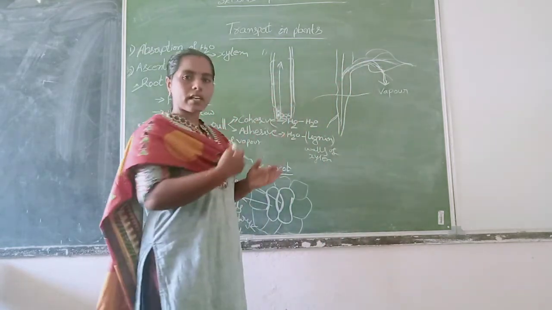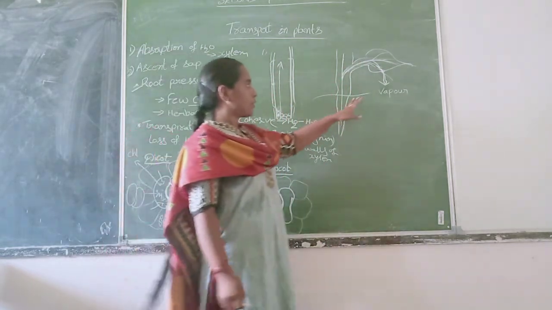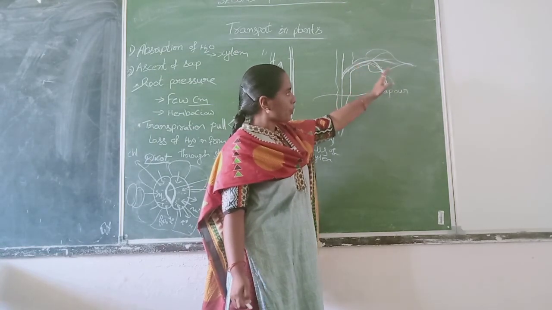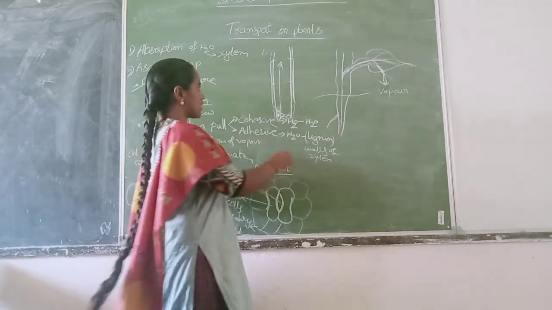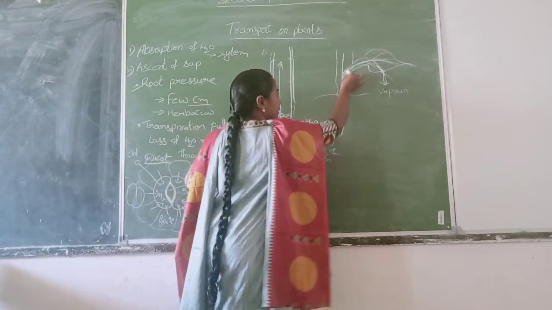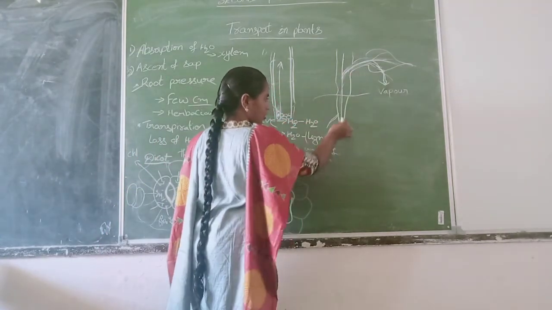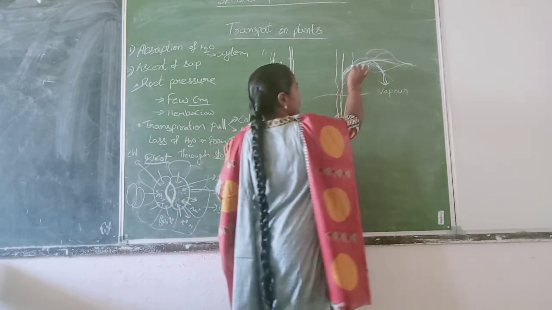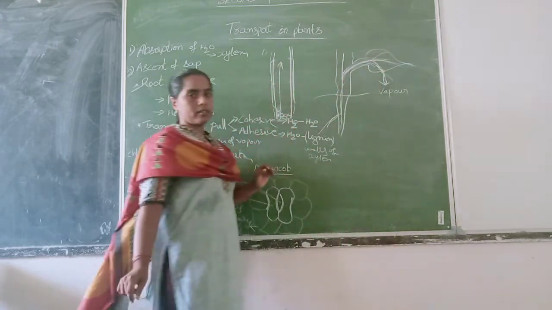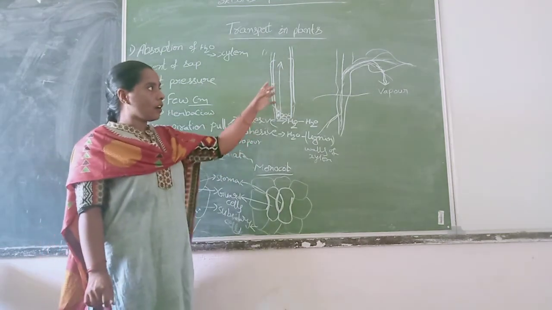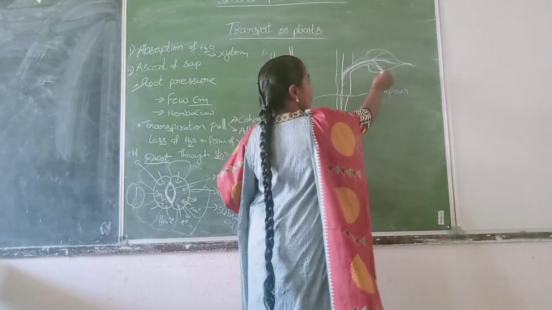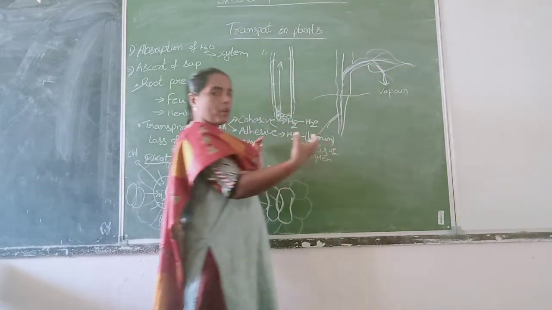Similarly, that happens continuously. So when transpiration is going on, pulling of water molecules takes place continuously. Similarly, the movement of water takes place continuously from the soil to the root hair and through the xylem throughout the plant body. In that manner, this evaporation helps to pull the water molecules.